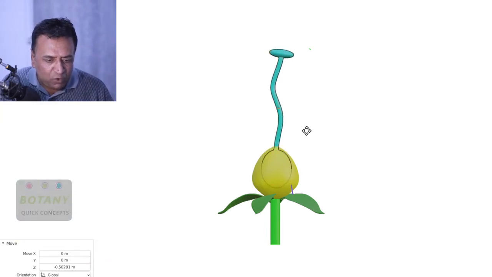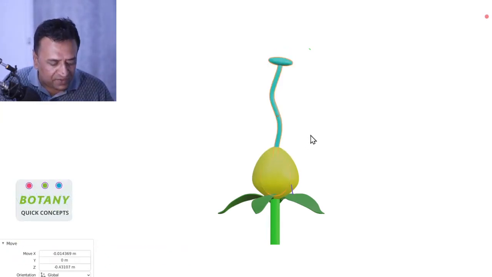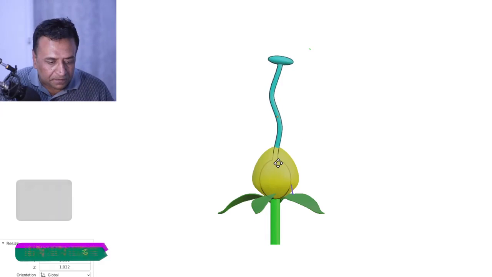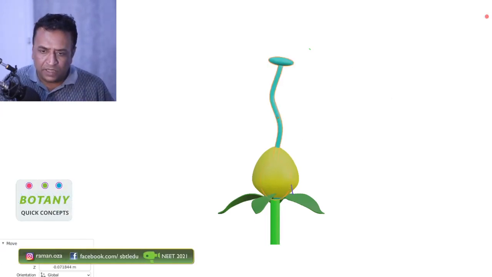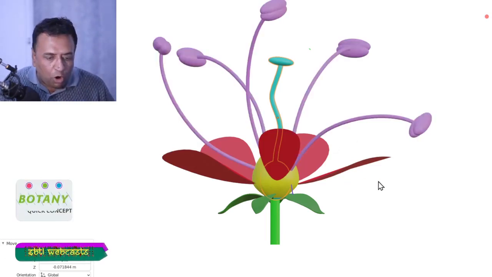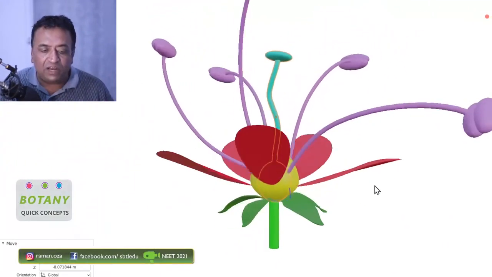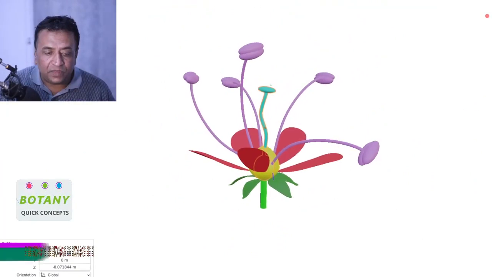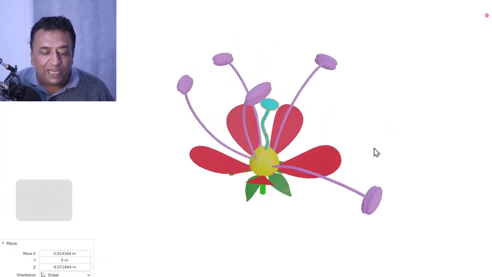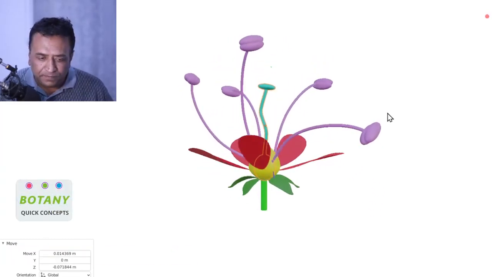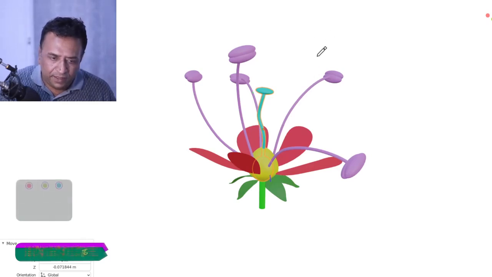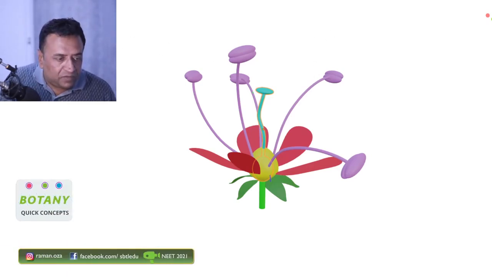See, in this case, you can note that calyx, corolla, and androecium are all located above the level of the ovary, the basal part of gynoecium. So such an ovary is known as inferior.